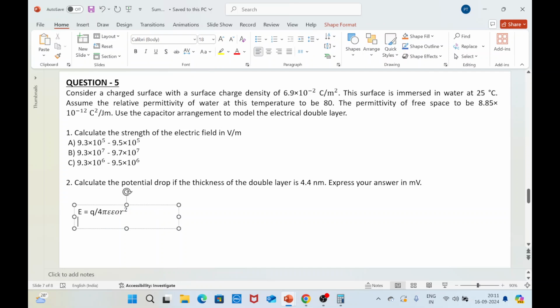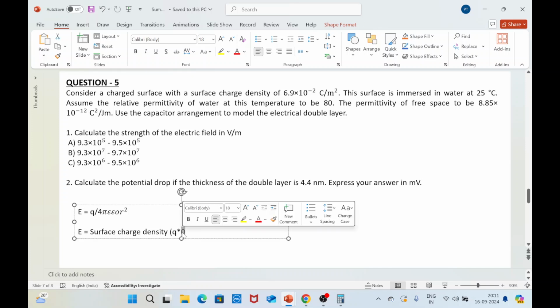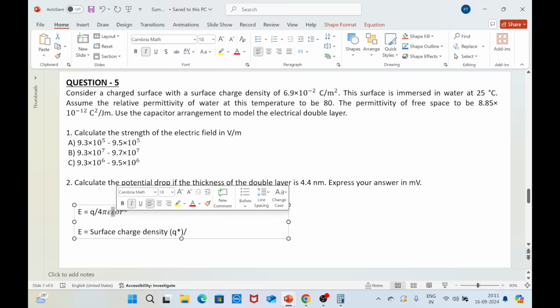Here, surface charge density is given. As I said, it is nothing but Q by 4 pi r square. So now you can calculate E as nothing but surface charge density, that is your Q star, by epsilon naught.